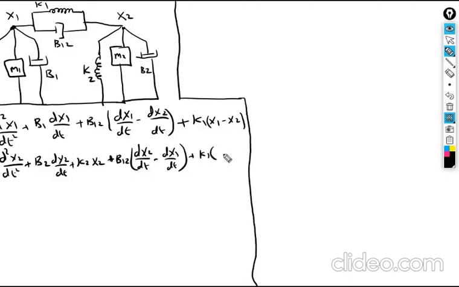This time it is written with respect to x2. So this is your equation 1 and this is your equation 2. That is your second step.